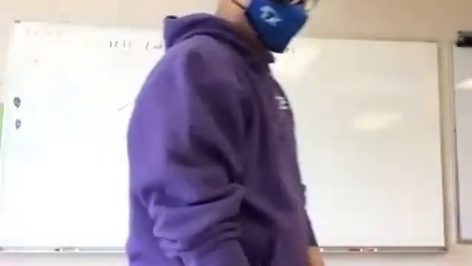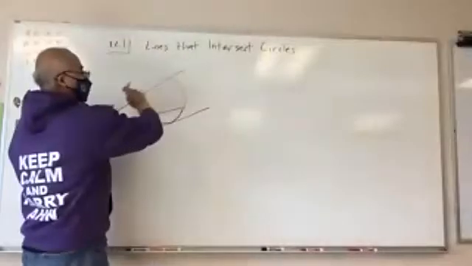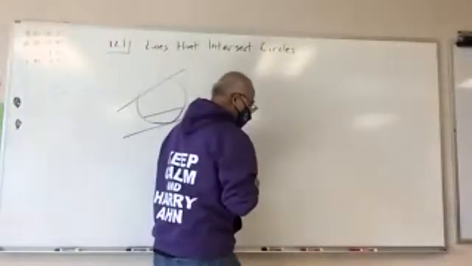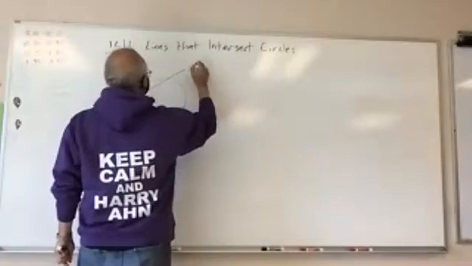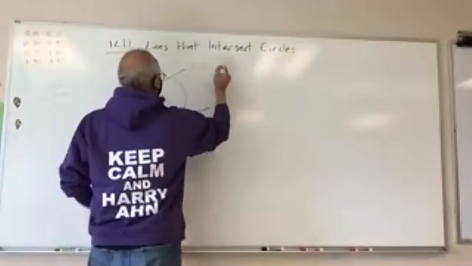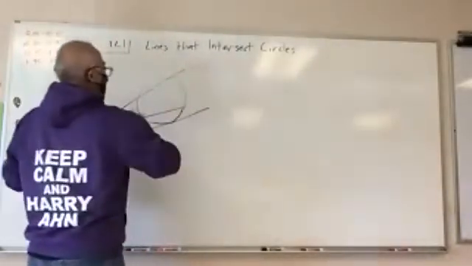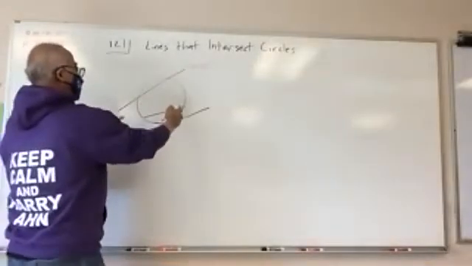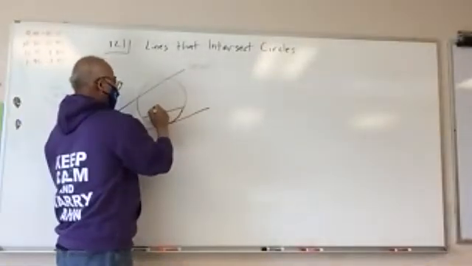Okay? So the line that goes all the way through, we're going to call the secant. So this is a secant. This guy here, a line segment that touches both sides of a circle, it's called a chord.